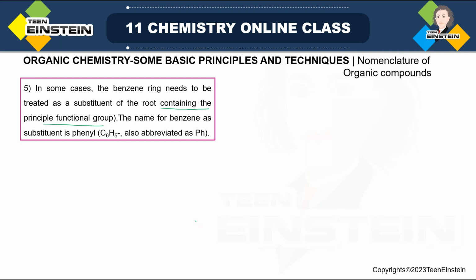And the name of the benzene, when it is treated as a substituent, it is C6H5 because see, this is the benzene ring. Suppose it is a substituent, attached to some chain or whatever. Now the total number of hydrogen. Actually here better I write the benzene ring with double bonds, because why this circle is given we have not discussed yet.